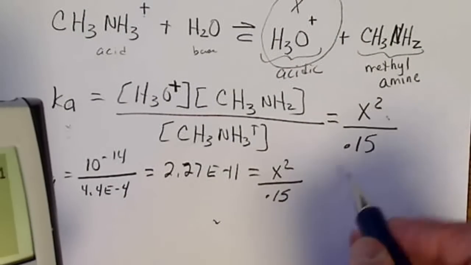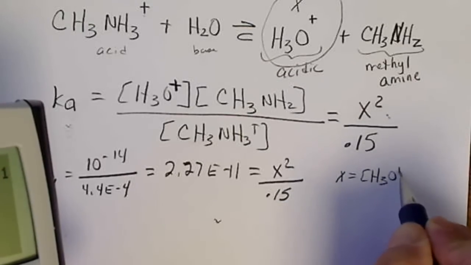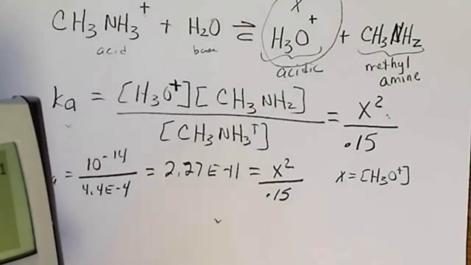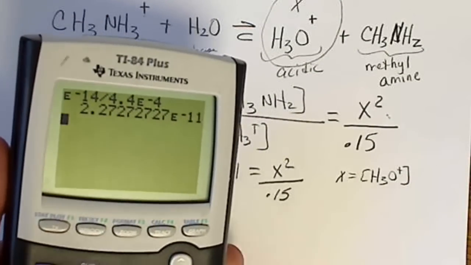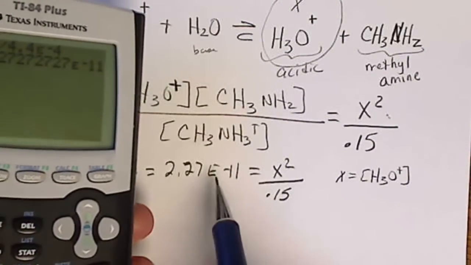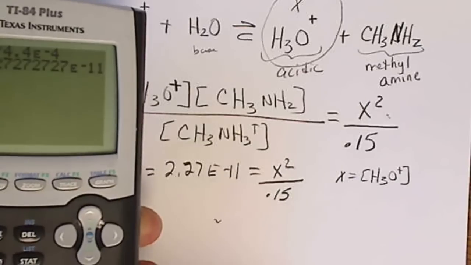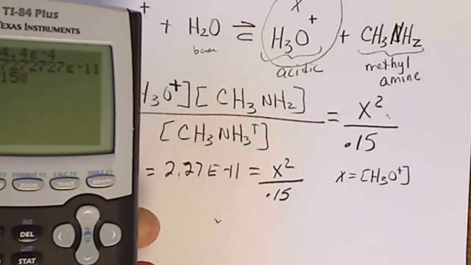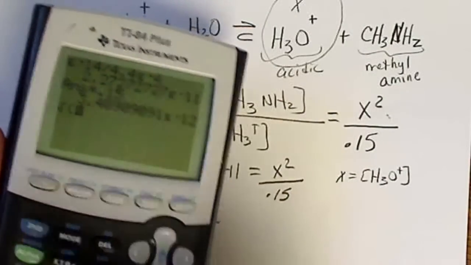So I'm just going to solve for x. And remember that x is equal to H3O plus. So when I want the pH, I'm just going to take the negative log of that value. And it's best to leave all this in the calculator instead of truncating that number. So I'm going to multiply by the denominator to clear that denominator. Then I'm going to take the square root of that number.